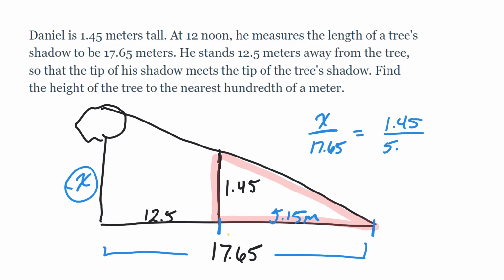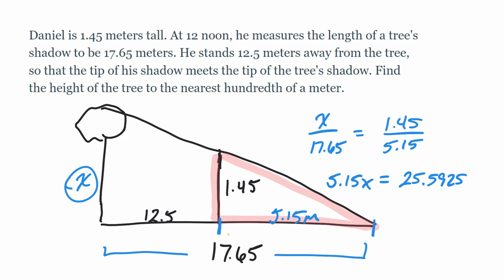So once we have the corresponding parts here, we can cross multiply and see what we get. This is going to be 5.15x equal to 1.45 times 17.65, which is 25.5925.